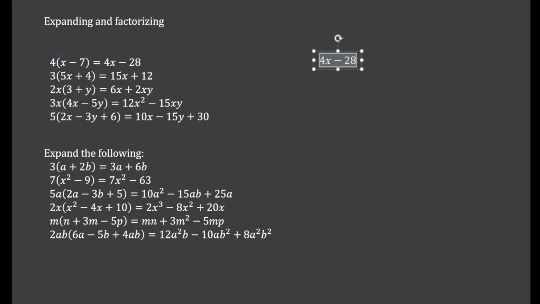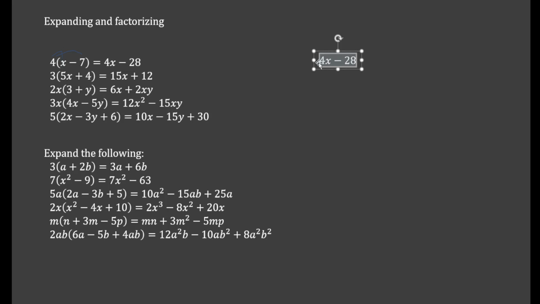You could think of it similar to reducing fractions, where you find the largest factor that both terms can be divided by. Just like if you were to reduce 4 over 28, the 4s would cancel out. That is where you're looking for a common factor.